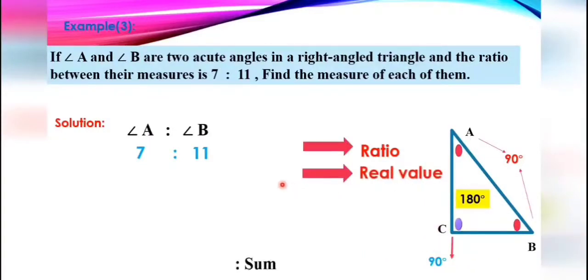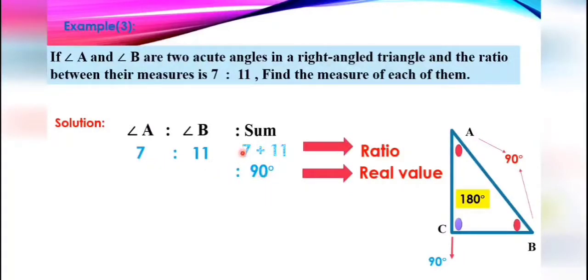So now I know the sum. So I have to add the word sum. So it's about case 2. The sum of both angles is 90. 90 is a real value, so I will write it in the third line. 90 is not a ratio, it's a real value.